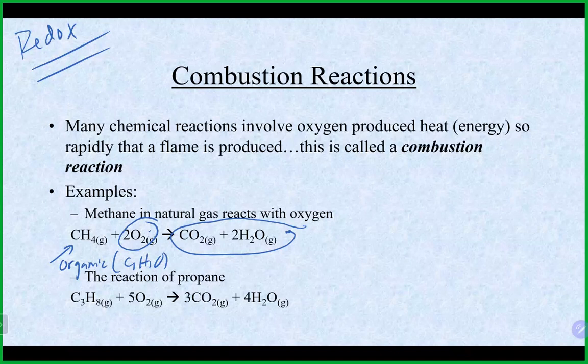You make CO and water, but most of the time it's going to be CO2 and water. That is basically what happens when you light your Bunsen burner, right? You get a little flame, a little spark, and that is a combustion reaction. Propane, butane, a lot of those organic guys are very, very combustible and will make fire and stuff like that.